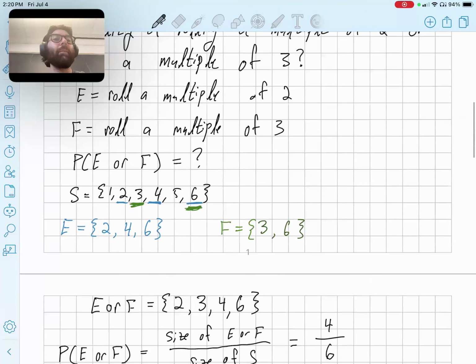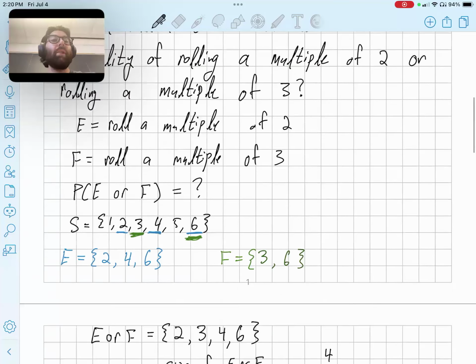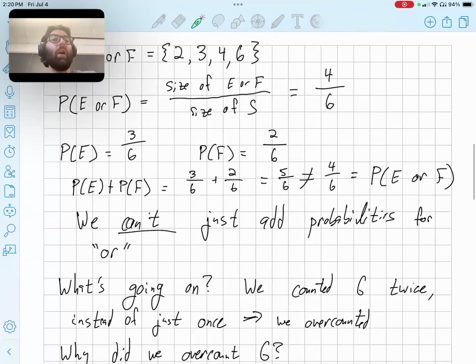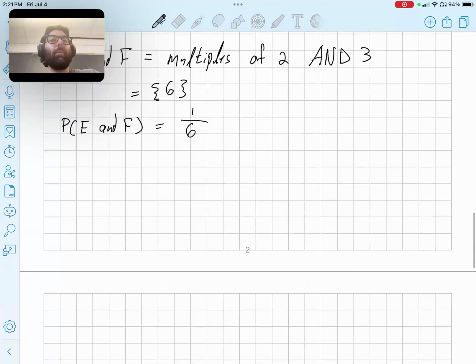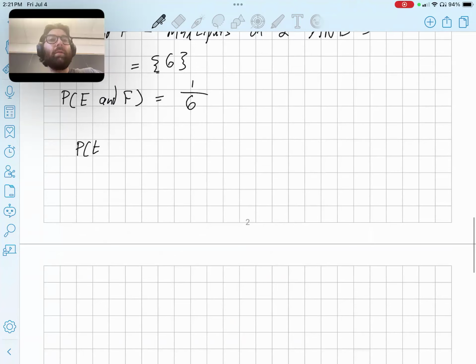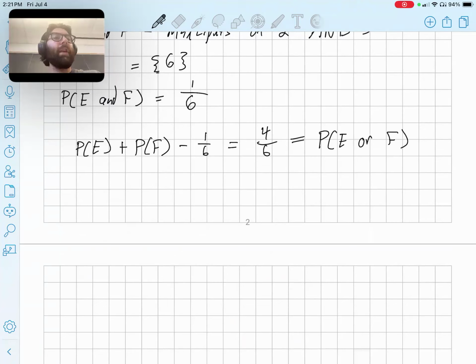And so notice our P of E plus P of F overcounted by 1/6. So P of E plus P of F minus 1/6 equals 4/6, right? Because this is 5/6 minus 1/6 is 4/6. And this is the same as P of E or F. And this 1/6 is the same as this 1/6.